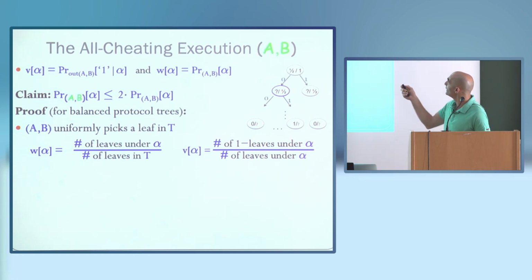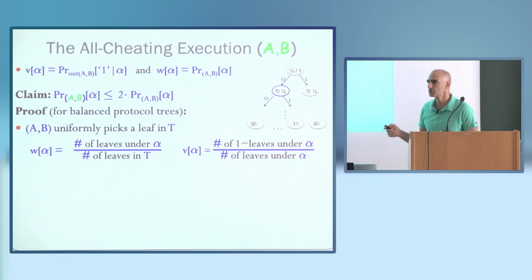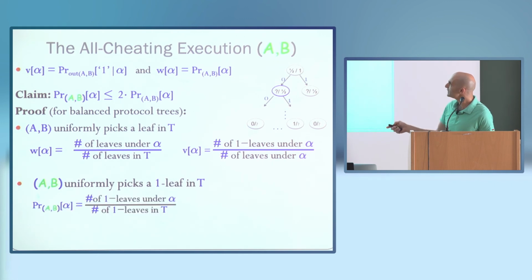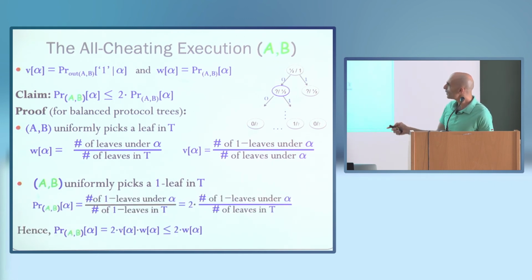Therefore, arriving at a leaf is simply a uniform pick over the tree. Okay, and I'm going to skim through this really quickly. And you can see that what we can prove is that the probability of green A, green B arriving at alpha is twice the game value of alpha times the probability of arriving there in an honest execution.